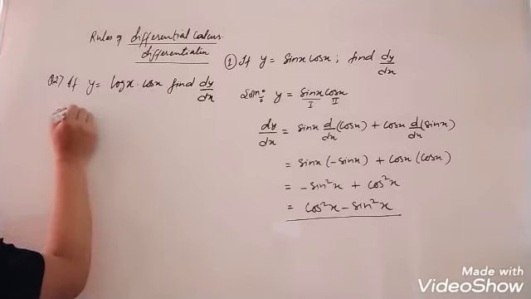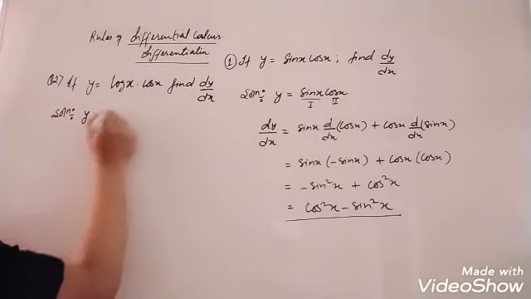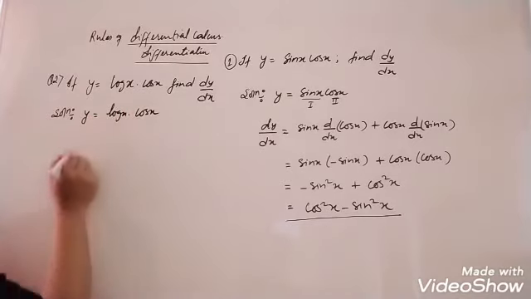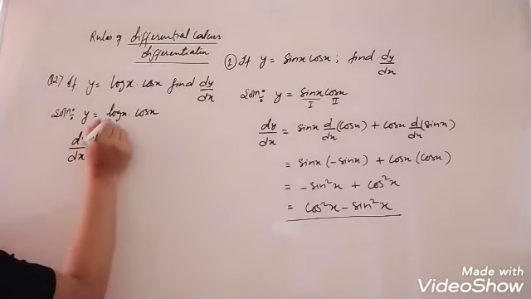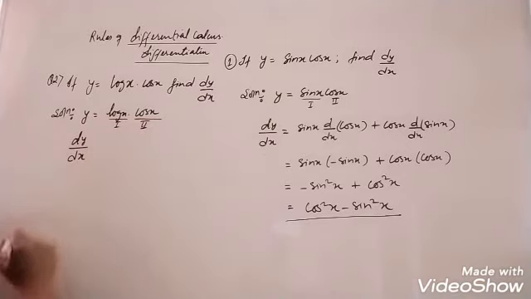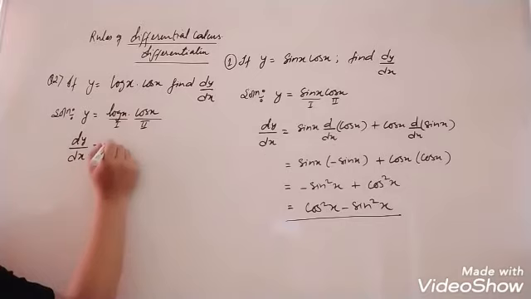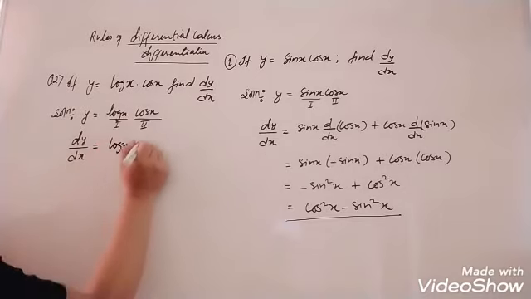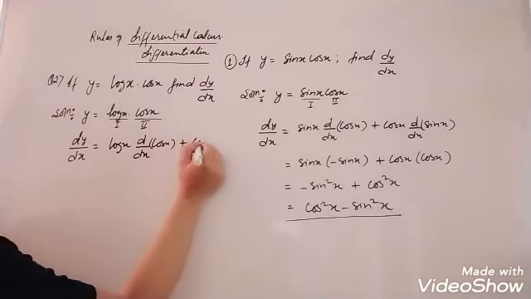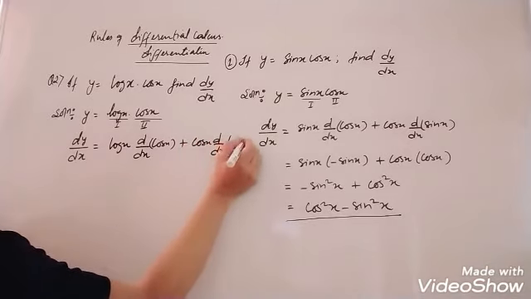First we have to take the given function log x into cos x. Now differentiate this, dy by dx. Now what is the product rule? This is the first function and this is the second function. This equals first function log x, differentiation of cos x, plus second function cos x, differentiation of log x.